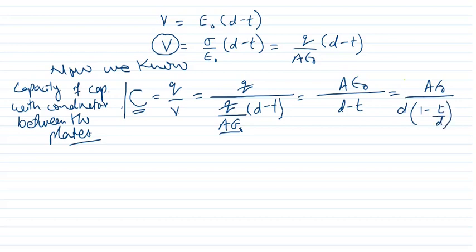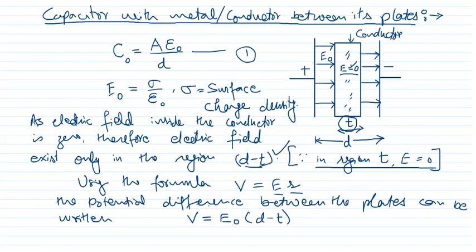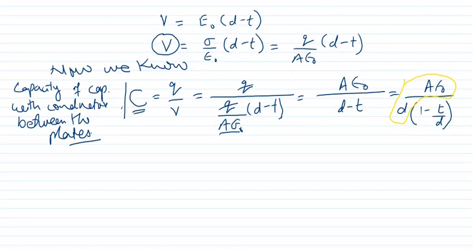Now what is this? A epsilon naught upon D. This is from equation 1, the capacitance of the capacitor without dielectric or conductor.